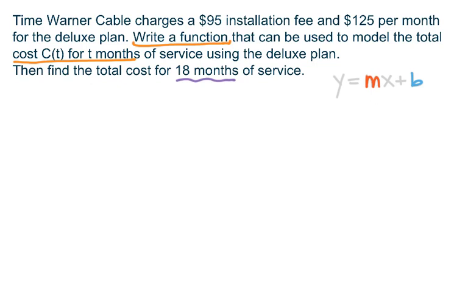Well, we have a $95 installation fee and $125 per month. Now, the $95 installation fee, that's something you're just going to pay once when the guy comes out. That's a fixed amount that you have to pay no matter what. So B is 95, and the rate, my slope or my rate of change, is going to be 125.